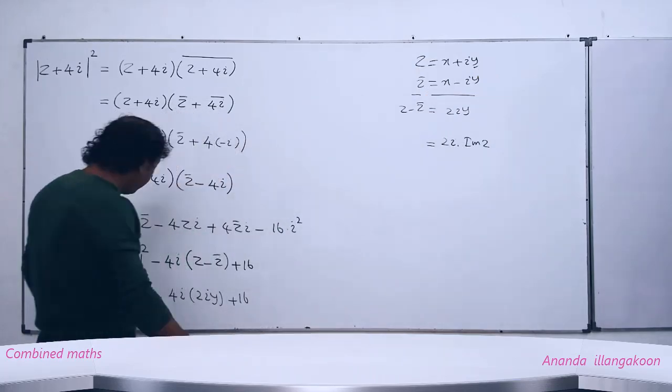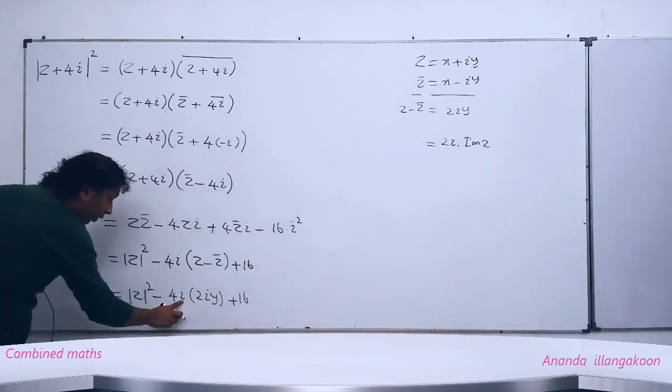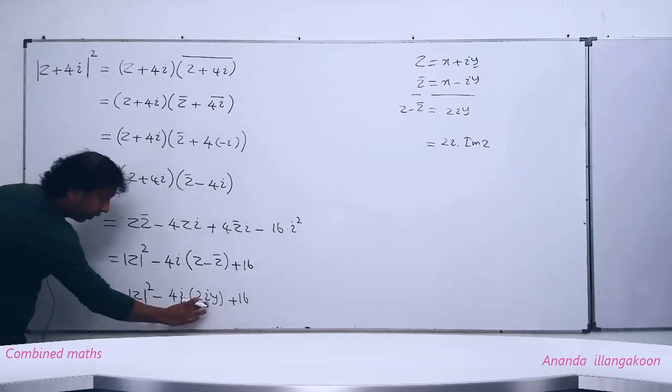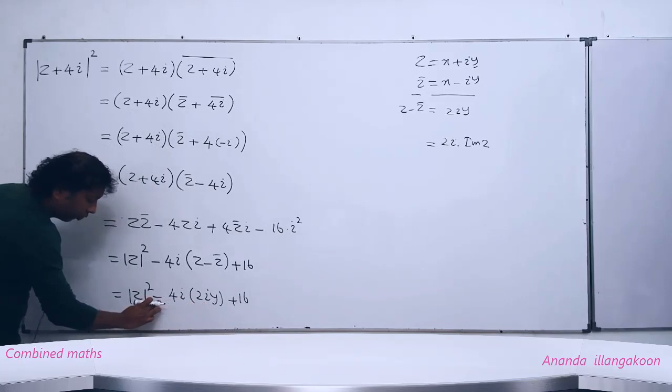So therefore, I can write this I and this I, when you multiply, we get I squared. That I squared is minus 1. That minus and this minus make plus. 4 into 2 is 8. Okay?